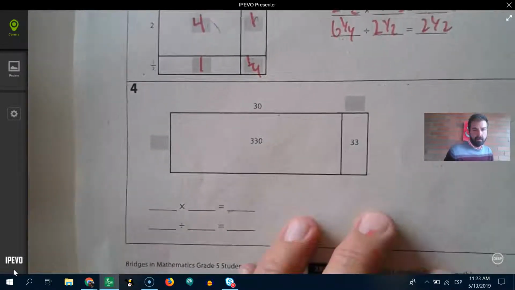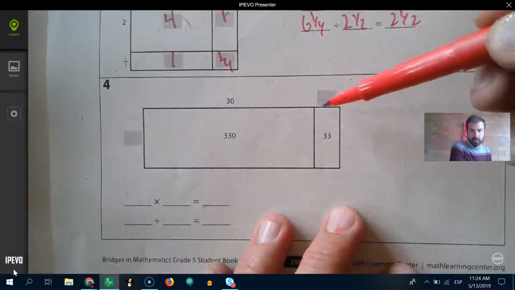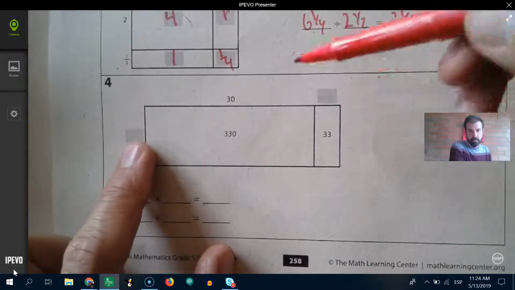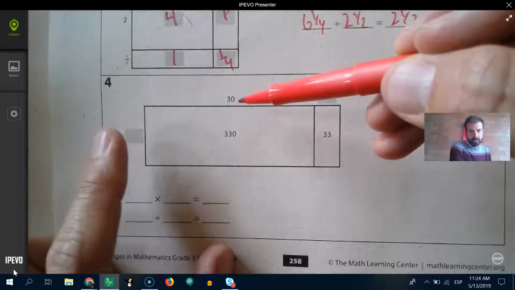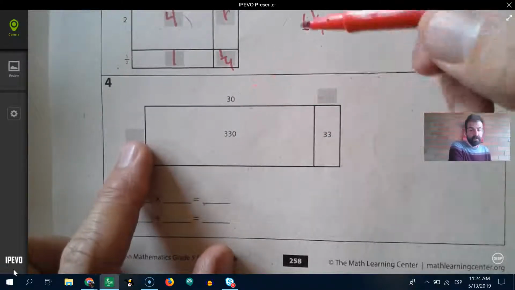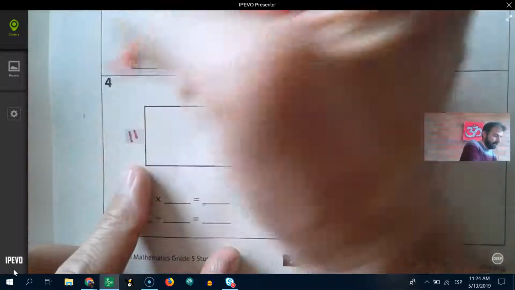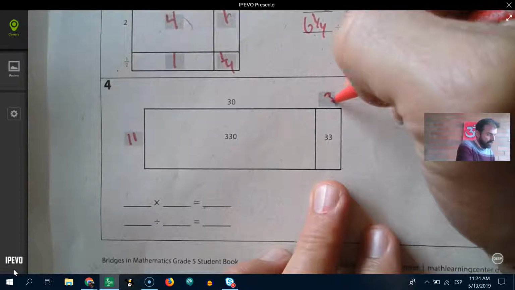All right, last one. Here we have 30 and something, and then one number here. So 330 divided by 30 is something. Something times 30: 30 times 10 is 300, and then another 30, so that's going to be 11 again. And something times 11 is 33. That'd be 3.